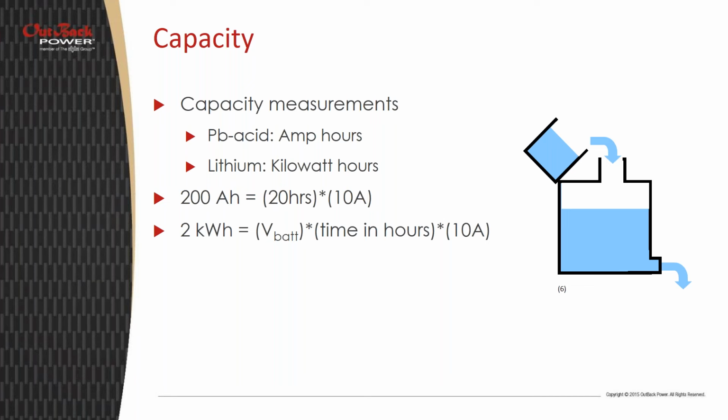If we assume that our battery voltage is 50 volts, which is pretty reasonable, pretty common, and we have the same discharge rate, 10 amps, we divide 2,000, so 2,000 watts is equal to 2 kilowatts, right? So 2,000 by 50 times 10. That'll give us 4 hours. So a 2 kilowatt hour battery at a discharge rate of 10 amps will give us 4 hours of power.